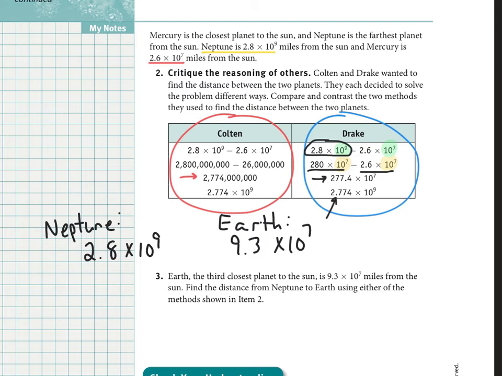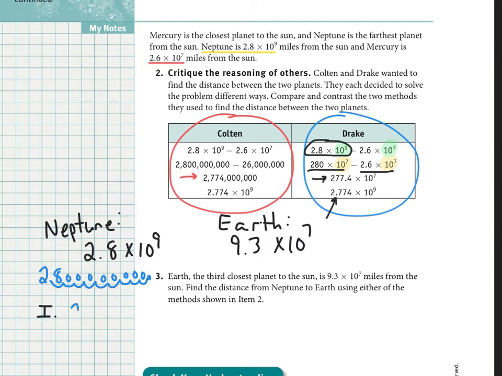Let's do method 1 first. Method 1 would be to change them both into standard form. For 2.8 times 10 to the ninth power, I would need to move that decimal 9 times: 1, 2, 3, 4, 5, 6, 7, 8, 9. So I'm going to have 8 zeros.